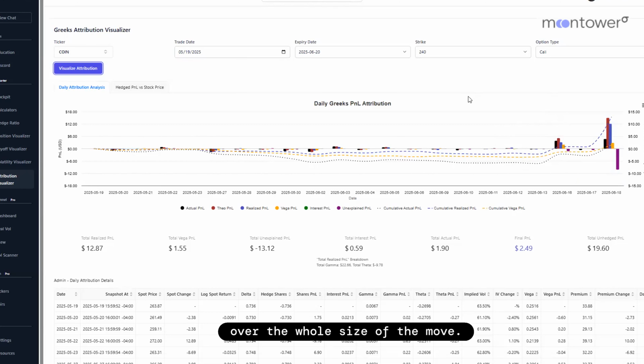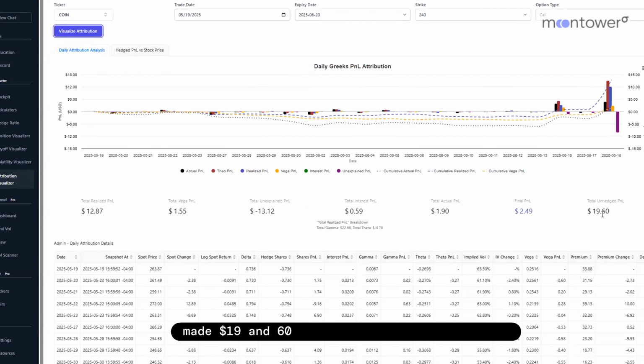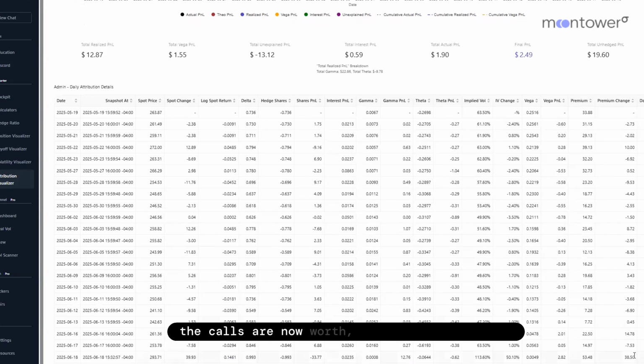So this tool really answers the question of whether the vol trade aspect of what I'm doing is correct. By the way, this total unhedged P&L assumes you didn't hedge at all, so we just put it in there. If you just bought the May 19th call for $33.88, you made $19.60 as of yesterday, because the calls are now worth $53.48.